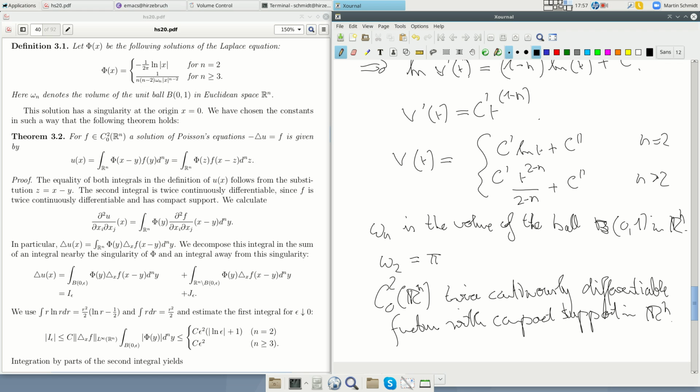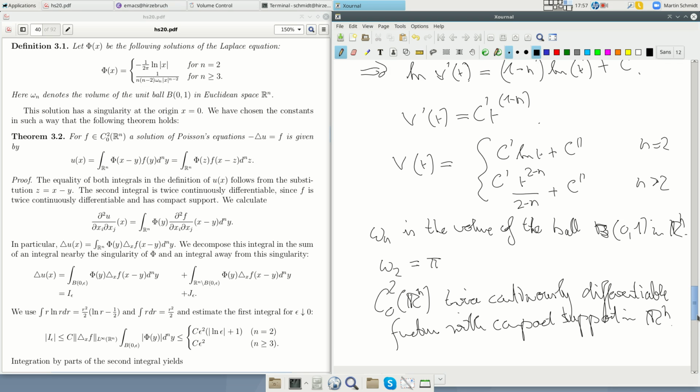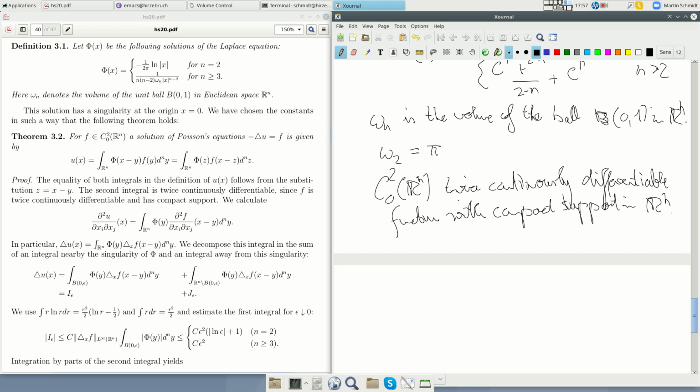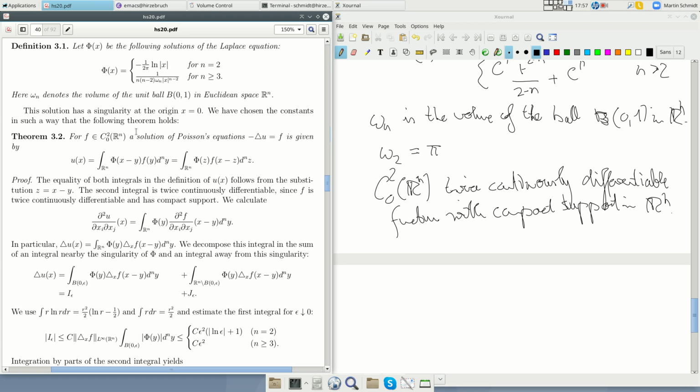So they vanish outside a compact set. And the support is the closure of the points where this function does not vanish. Okay, and this is this set, and then the claim is that we have a solution of this equation. And we write this in this form.